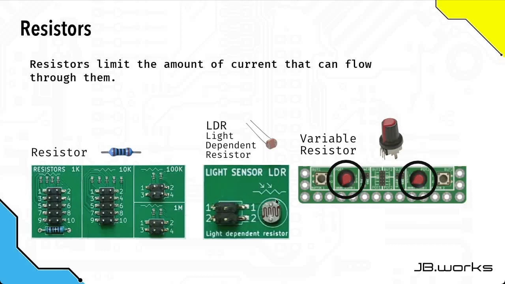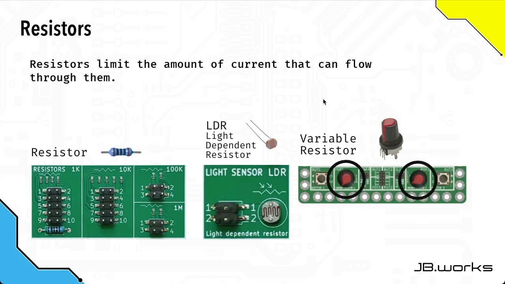But the value of this resistor will change depending on how much light is falling on it. And then finally we have the variable resistors, and there are 2 of these on the JackBord BASIC. These are called variable resistors because you vary the amount of resistance by turning the 2 knobs.